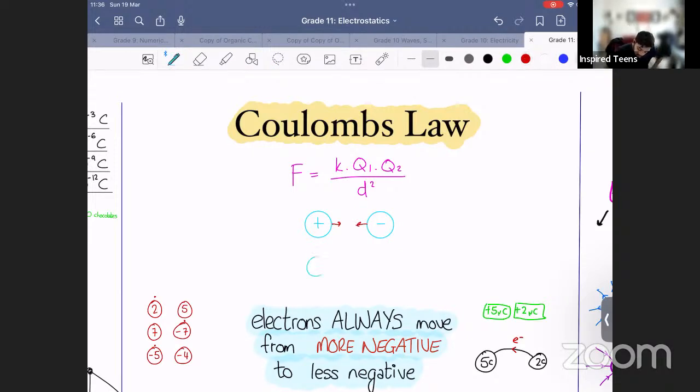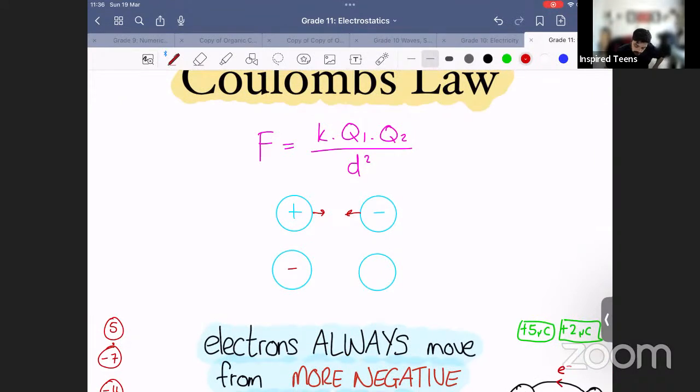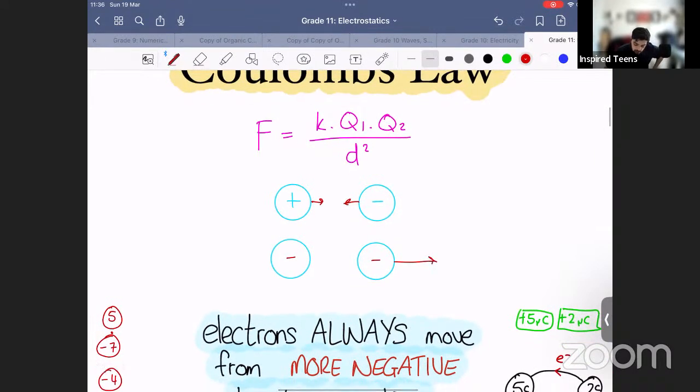However, when one is negative and the other is negative, they most definitely repel.